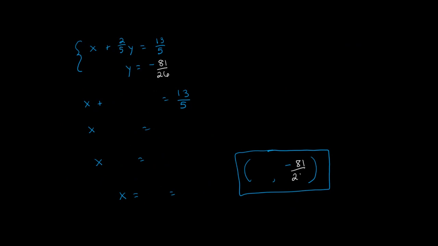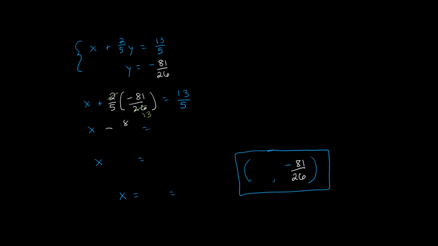This is 81 over 26. Okay, so 2/5 times negative 81 over 26. I can still divide, it'd be 13 there.